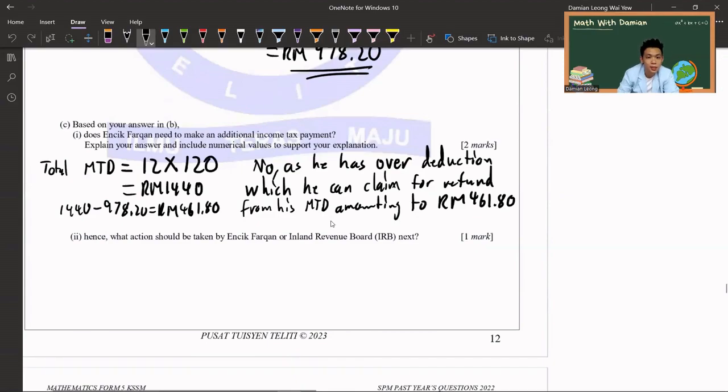Hence, what action should be taken by Encik Farhan or Inland Revenue Board?